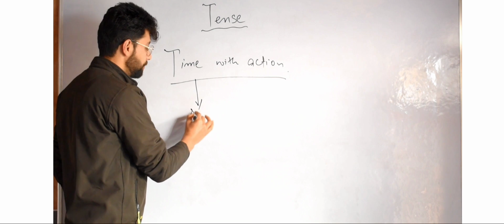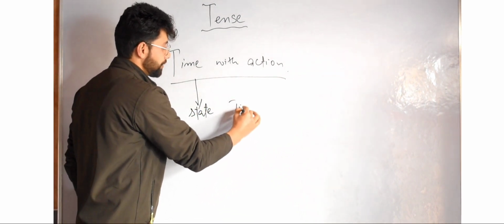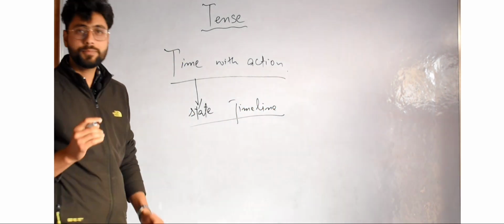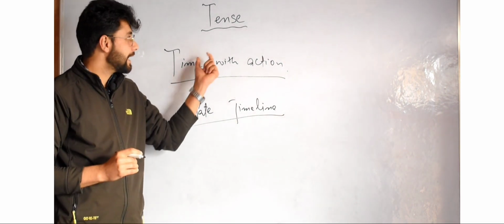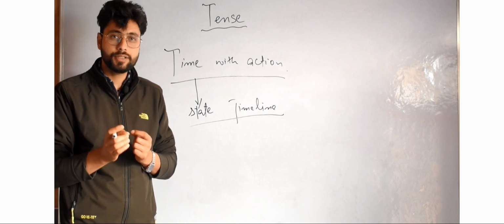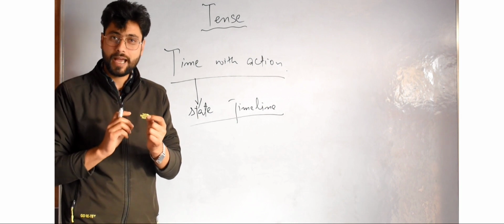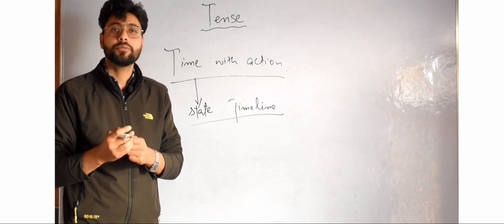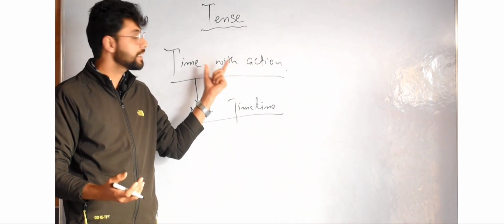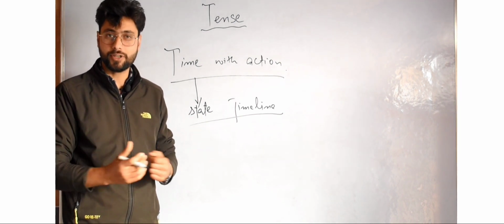It shows us the state of the action. It shows us the timeline of the action. In simple words, we can say tense shows us whether the action or an event is happening in present, has happened in past, or will happen in future. This is how you can understand the definition of tense.